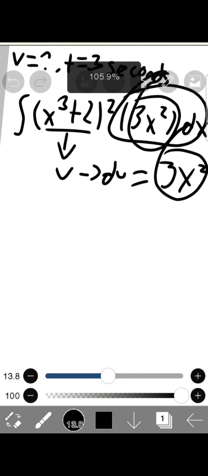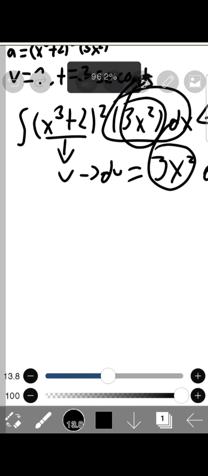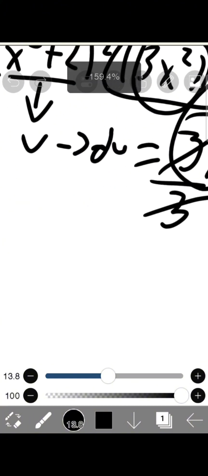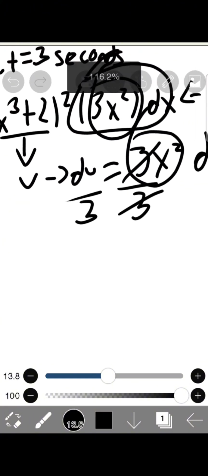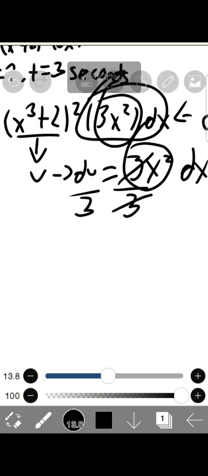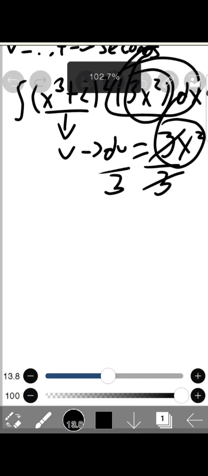So that means we can go ahead and divide both sides by 3. Du all over 3, or in other words 1 all over 3 multiplied by du. This serves like a neutralizing factor, which is very important when it comes to u substitution. You will see why.